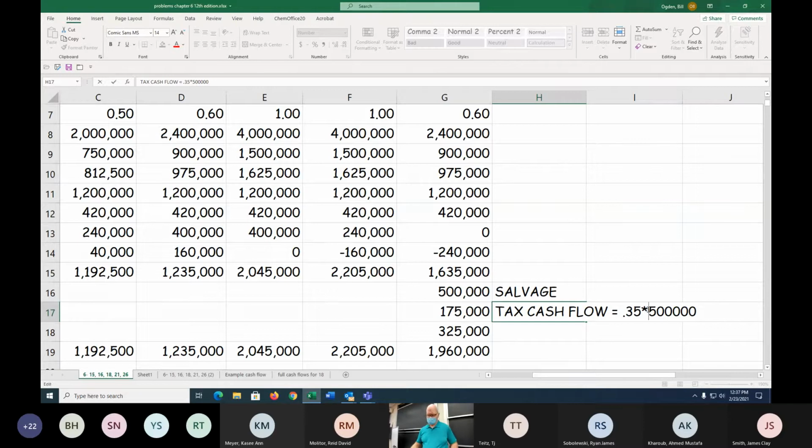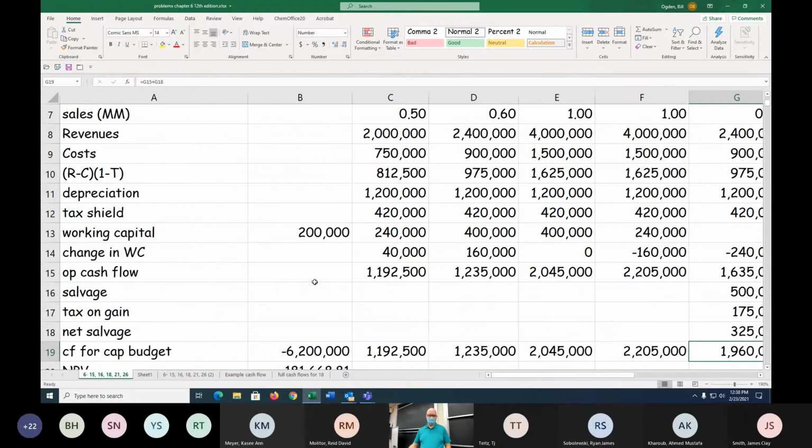The book value is 0, so it makes this whole thing taxable. And so we'd have 1,635,000 plus 325, and that would put you at 1960.